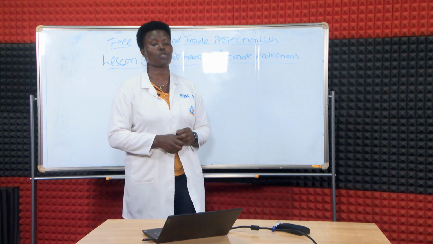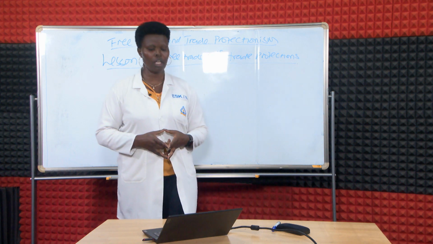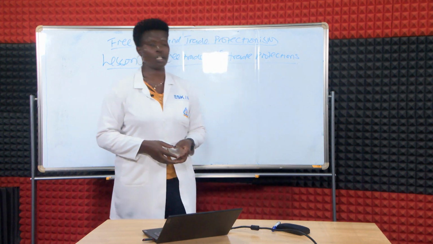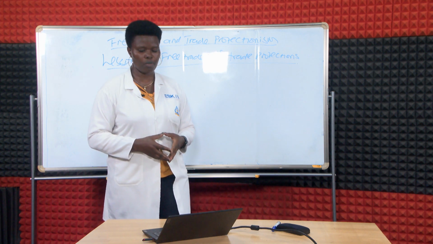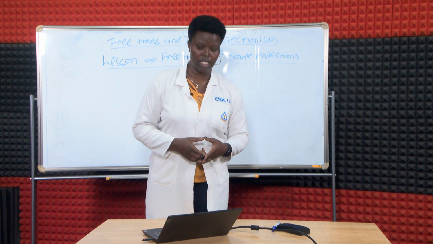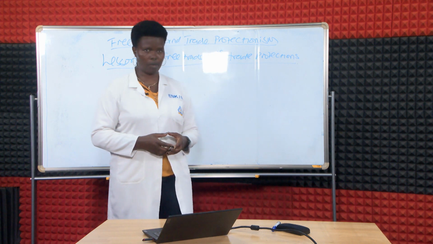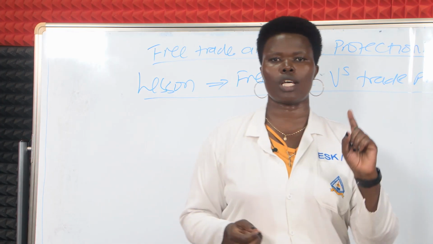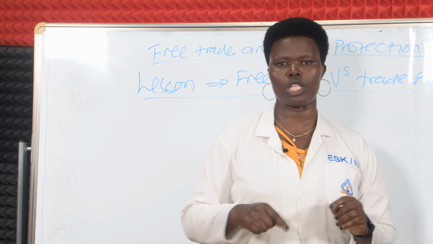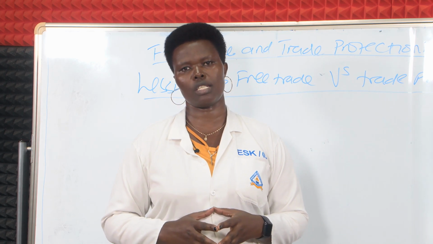You should also be able to properly describe the tools used to protect trade in any given economy, and at the same time, you should be able to efficiently describe how the commercial policy may be implemented in any given economy. So I want us to be together so that at the end of the lesson, we shall be able to achieve these objectives together.